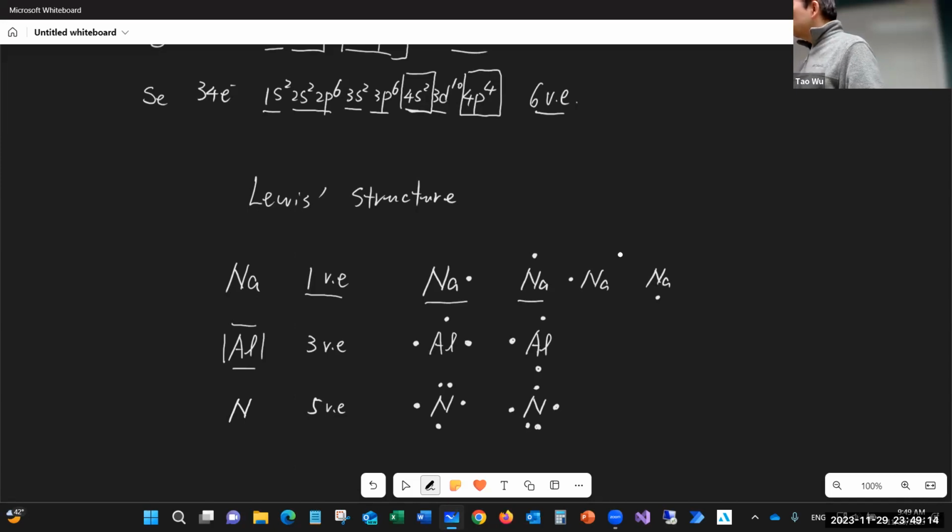That makes sense, right? And we give different names to those dots. The single dots are called unpaired electrons. And if it has a pair, it's a paired electron, and we call this paired electron a lone pair.